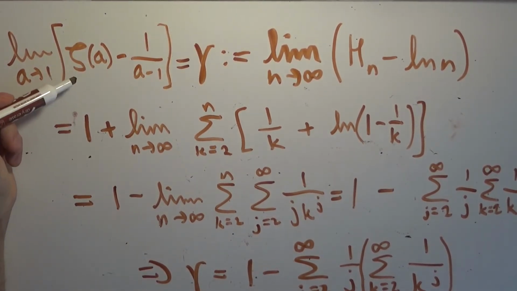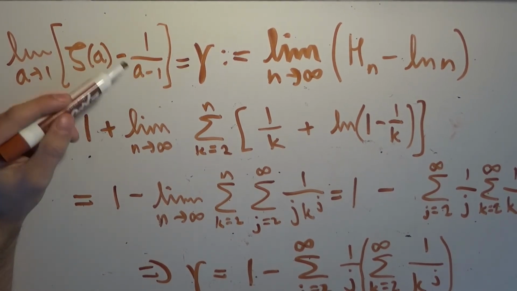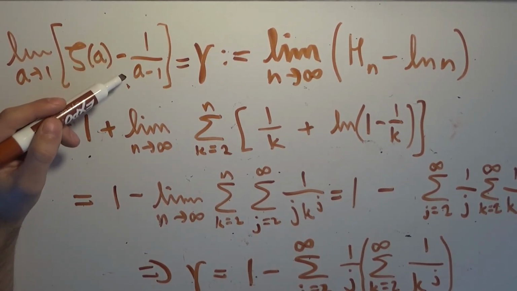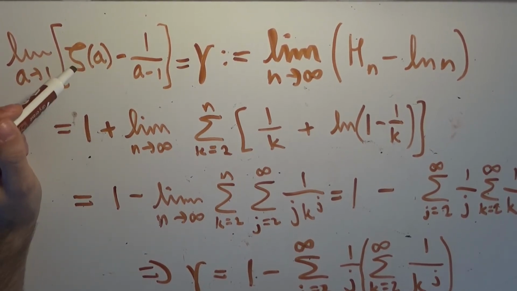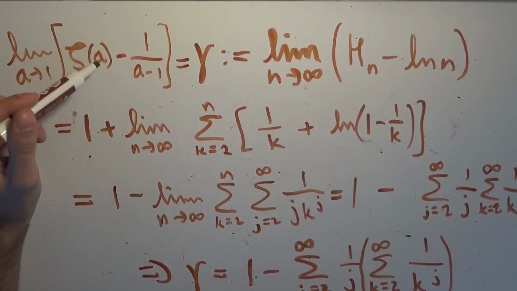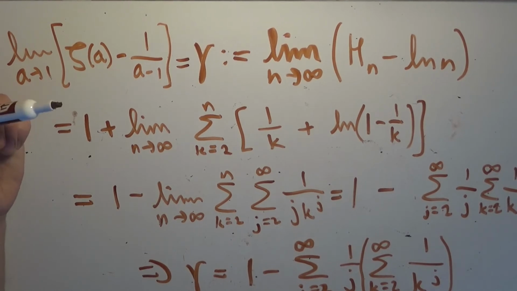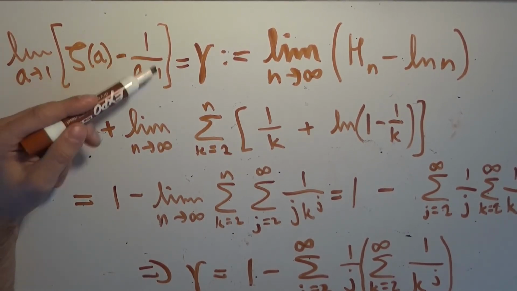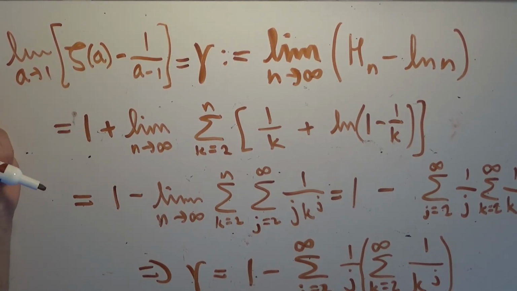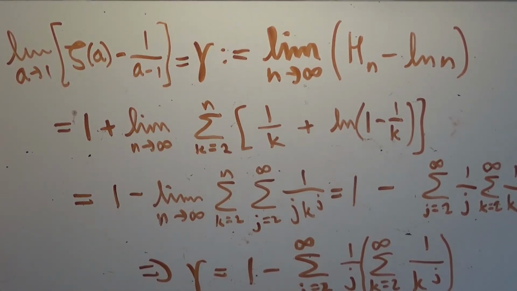Which is essentially saying you're taking zeta of a and subtracting the term in its Laurent series that causes the problem, right? Because the function zeta of a has a Laurent series, but because it's undefined at 1, it has a simple pole at 1 of degree 1. And subtracting this term away gets rid of that simple pole. And I showed that it was equal to the Euler-Mascheroni constant.